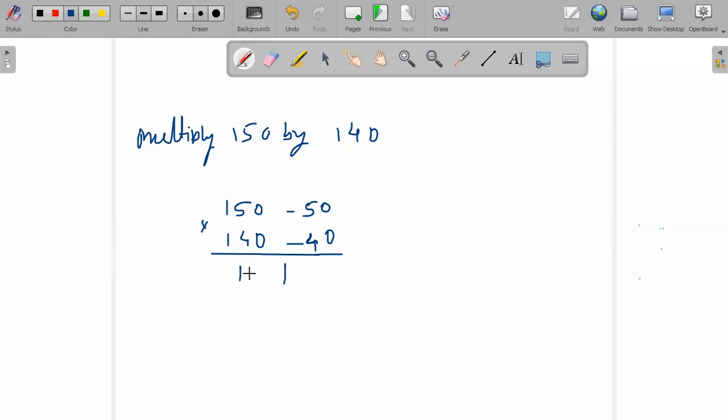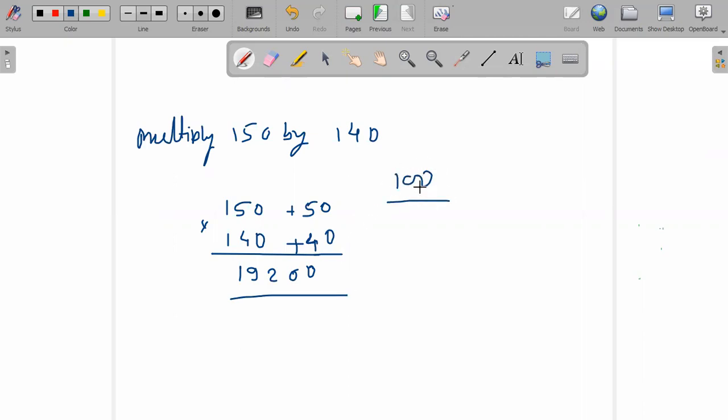Plus 50, plus 1,000, then 19. The answer will be 21,000? No, 19 will be there, then 2 times 00, because the base is 100.